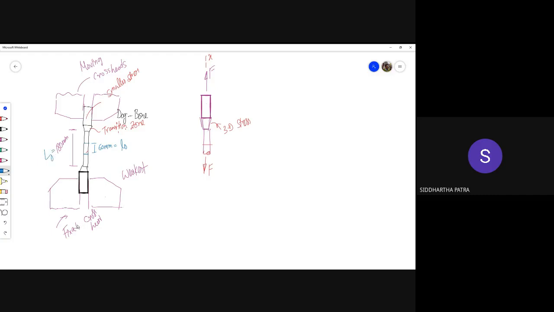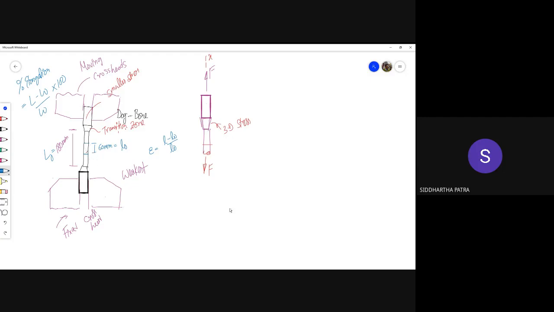Earlier we defined percentage elongation, that is supposed to be based on capital L. And the strain that we are talking about actually is based on the 60 millimeter gauge length.